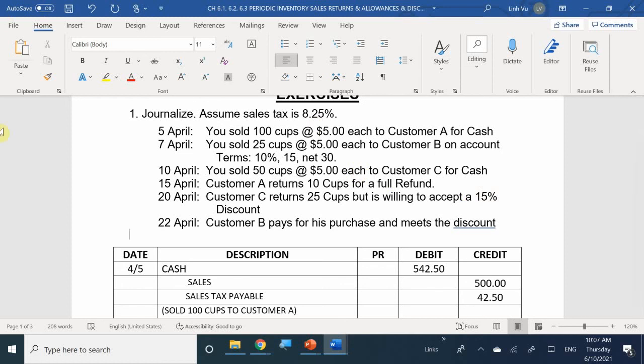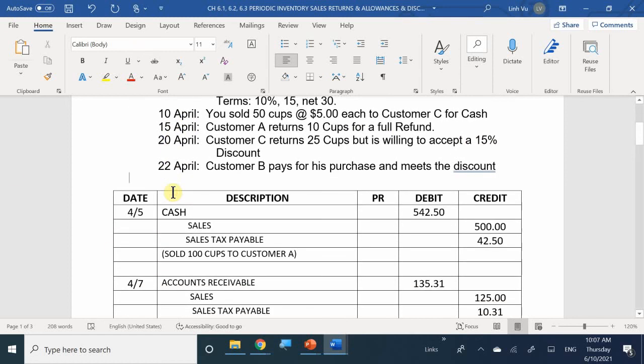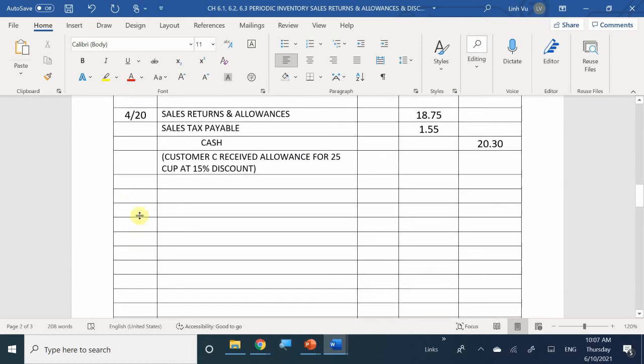So how are we going to journalize this? We're going to be receiving a payment from customer B. We're assuming he's paying cash, so we can just put cash. Good. Sales tax also.